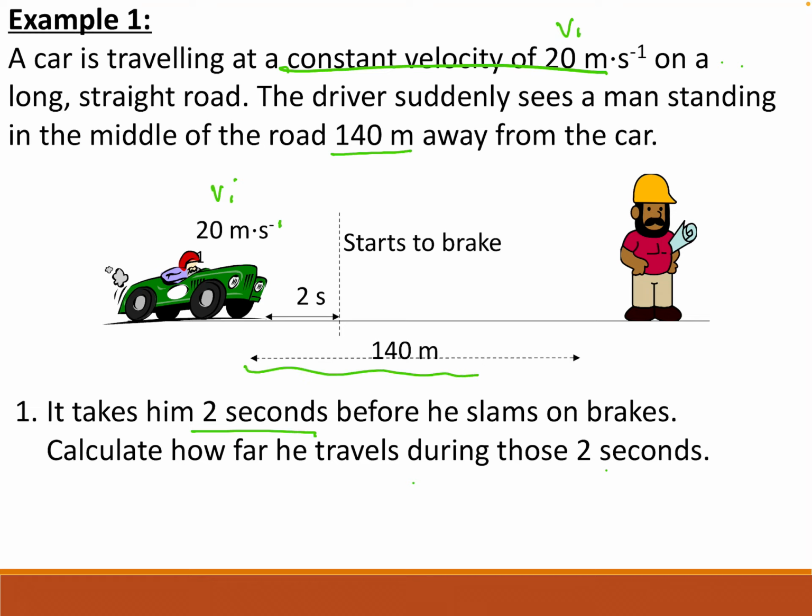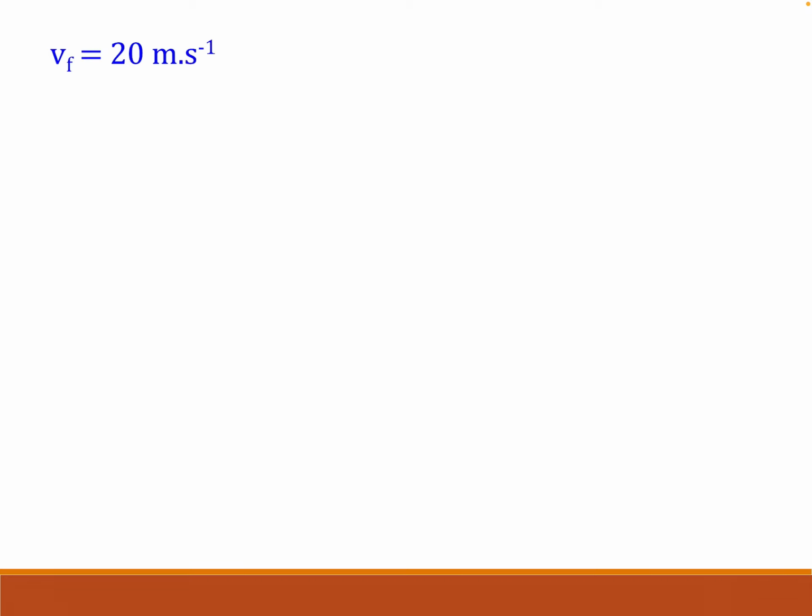So even though I've got 140 meters to stop in, for 2 seconds he doesn't start stopping. So for 2 seconds, his acceleration is 0. They want to know how far does he travel during those 2 seconds. Well, final velocity is 20. Initial velocity is 20. A is 0. Delta t is 2.